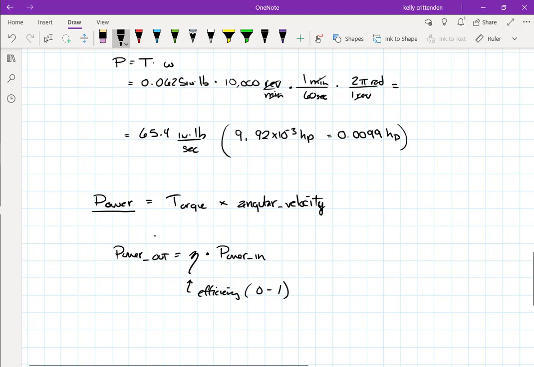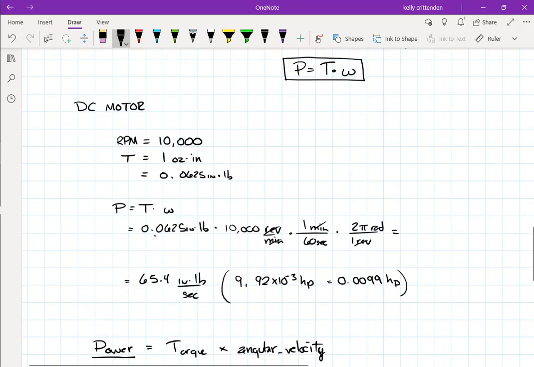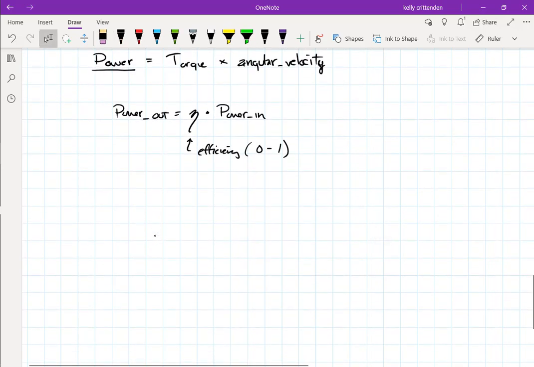So let's say we want to hook our little DC motor up to a wheel.